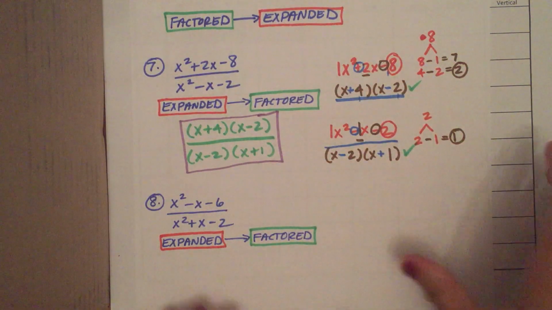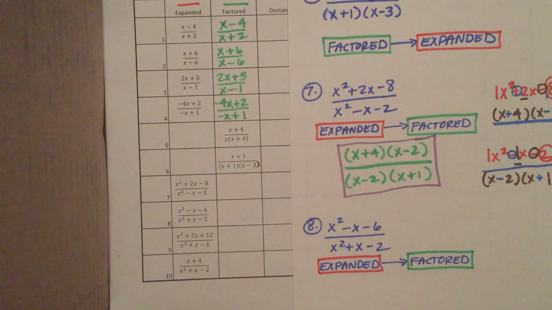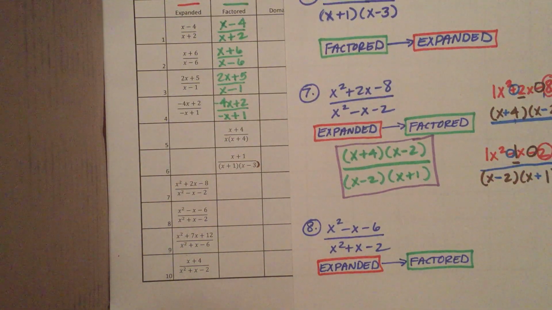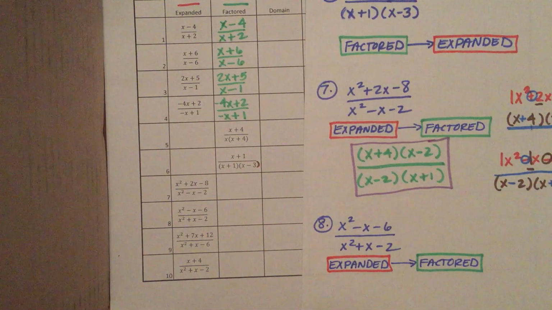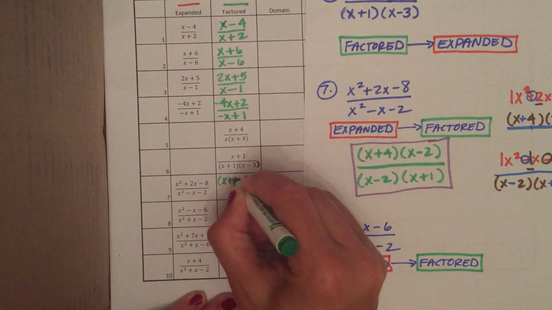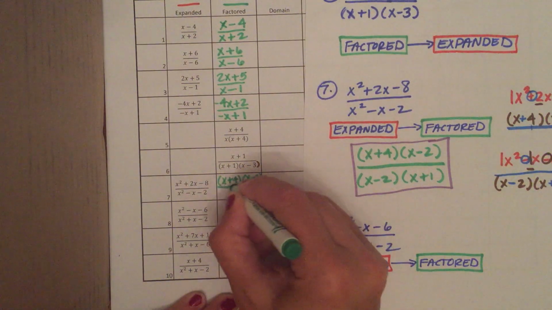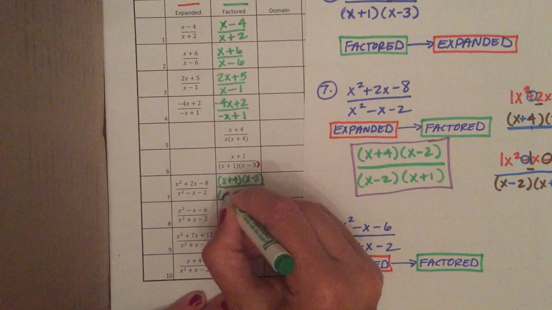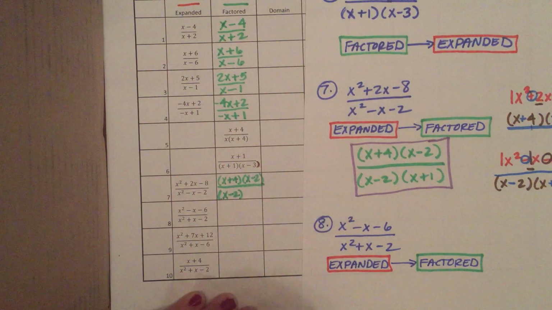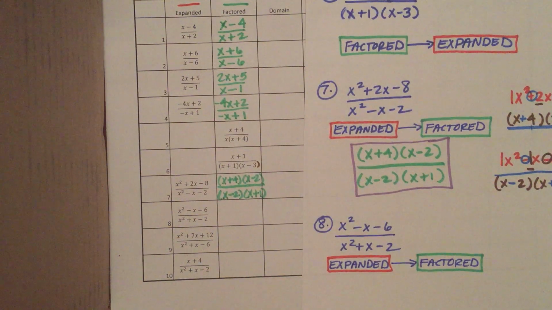So I'm going to come back on my paper and I'm going to enter this in for my factored form for number 7. So number 7 is going to be x plus 4 times x minus 2 over x minus 2 times x plus 1. And that is converting from expanded to factored.